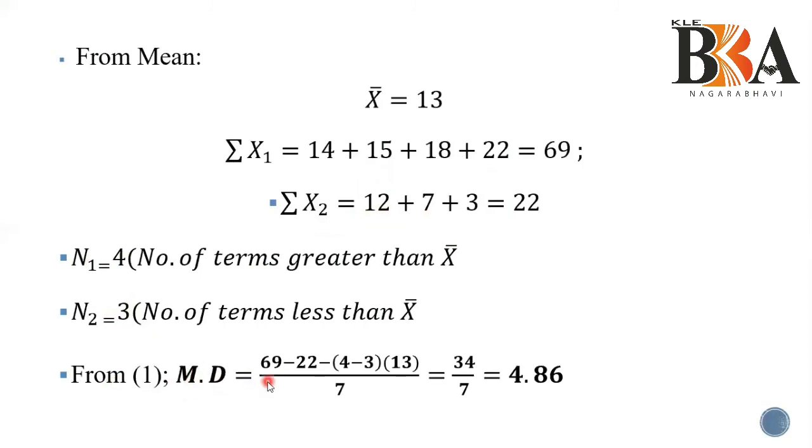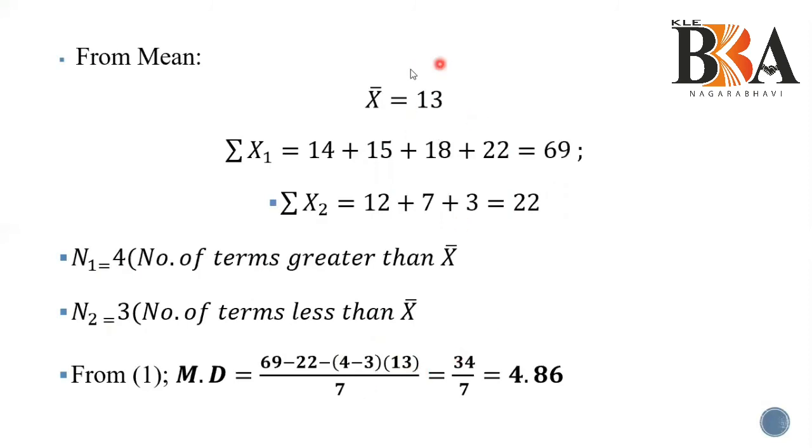So mean deviation equals, we now have to get the values and put them into the formula. So go slowly here. We have sigma x1 minus sigma x2, that is 69 minus 22, then n1 is 4, n2 is 3. We have to use mean, median or mode; since we are finding it with the mean, we take the mean value.